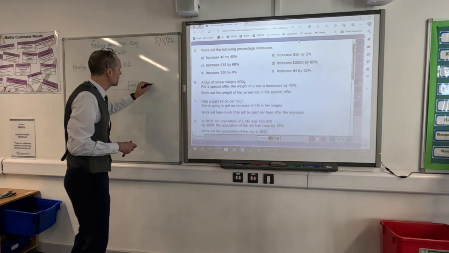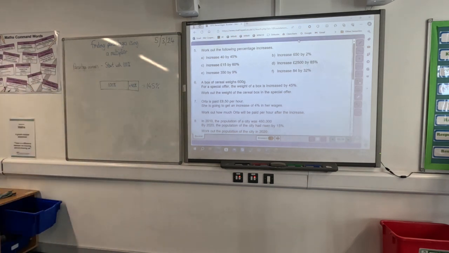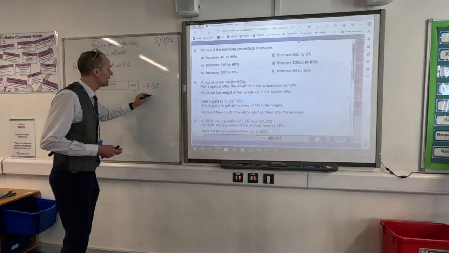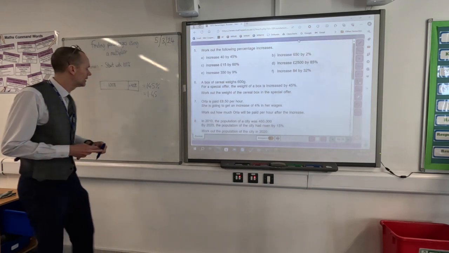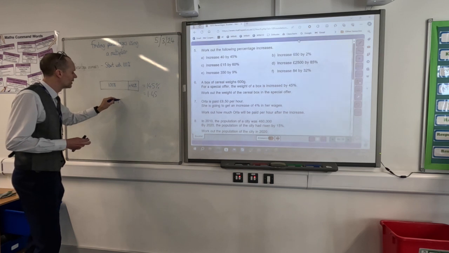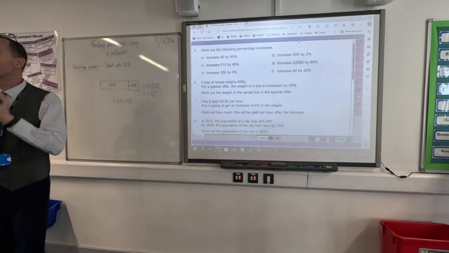Cody, what is the decimal equivalent of 145%? 1.45. 1.45, fantastic. So I can get the answer to this problem in one go by just doing 1.45 times 40. And that gives me my answer straight away.